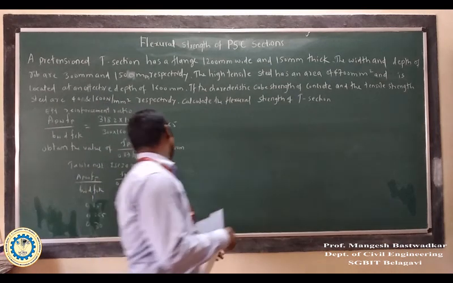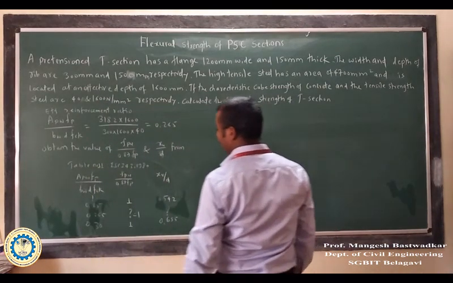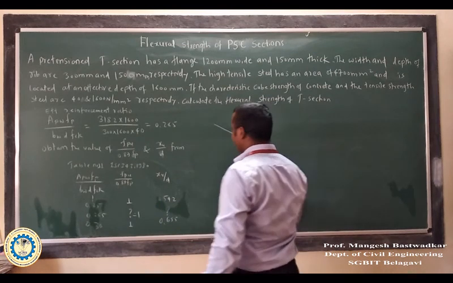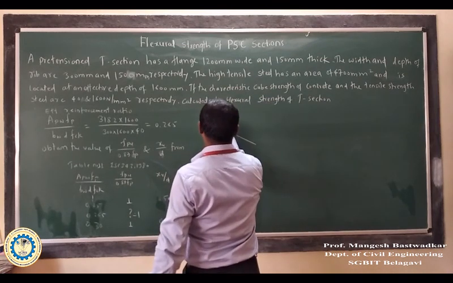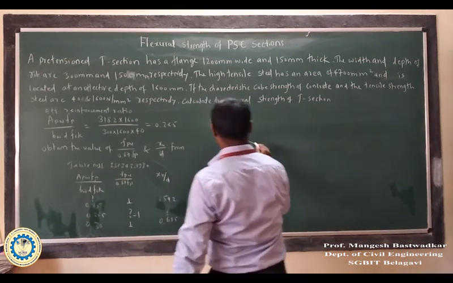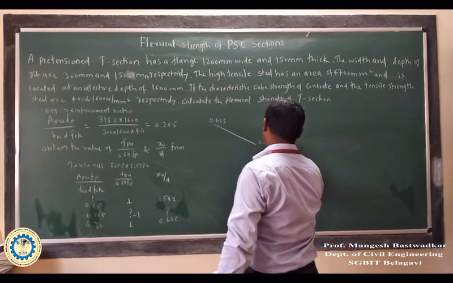How do we calculate that? By interpolation. So now we'll draw an inclined line here. This is 0.655 and this is 0.542.